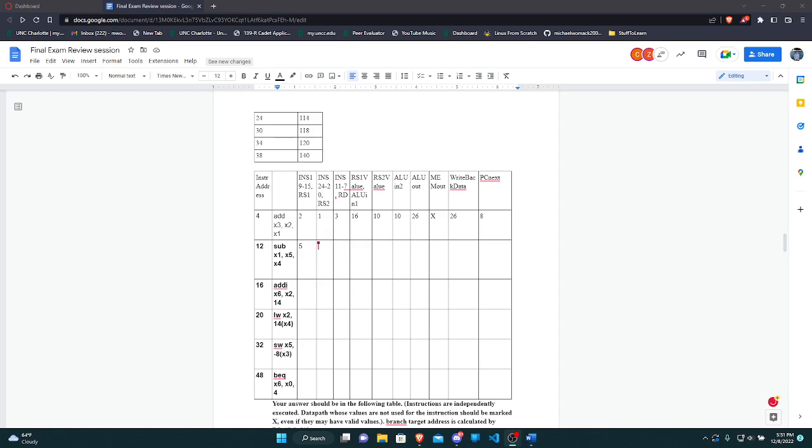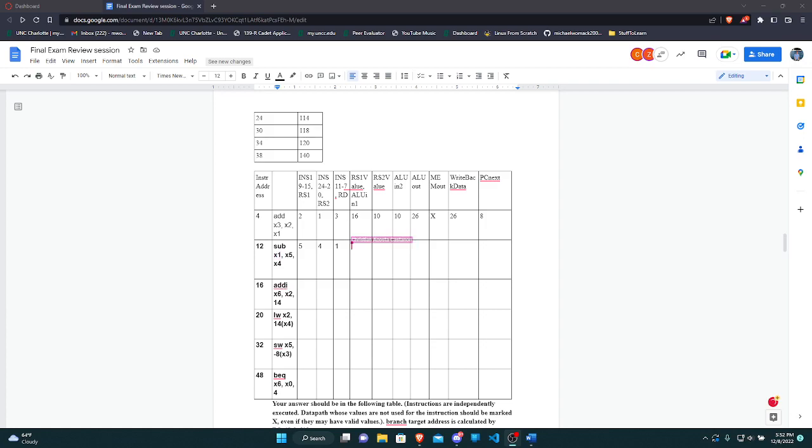For RS2, that's going to be the 4, since this is your RS2 register number. And for RD, that's going to be 1, since that's the RD for this specific instruction. With RS1, RS2, and RD, we're just getting the specific register numbers and putting them into the table.